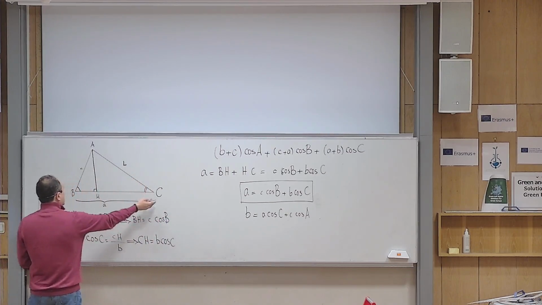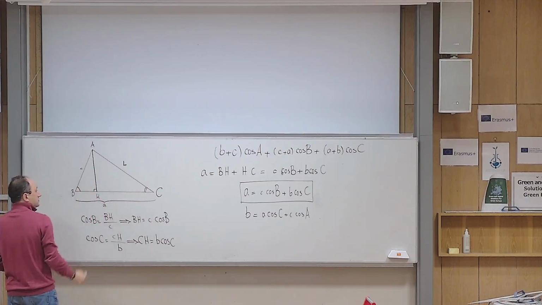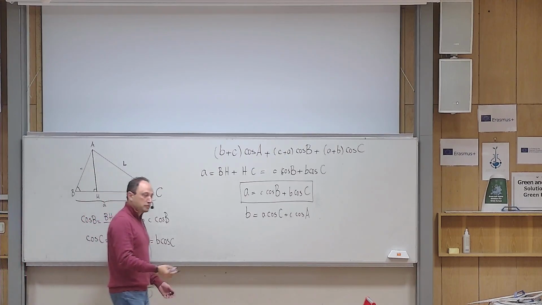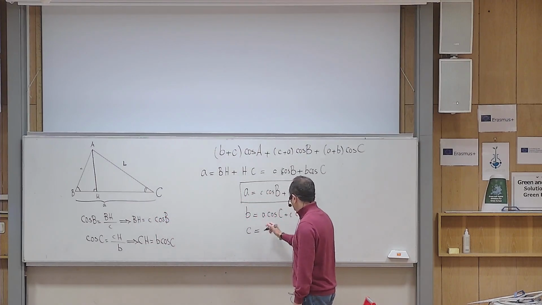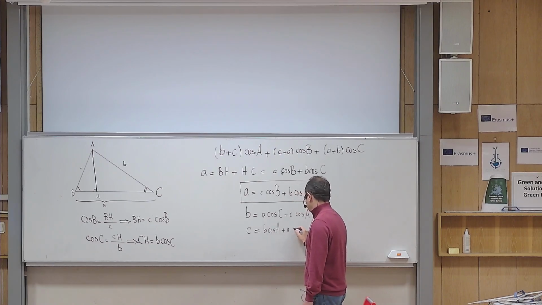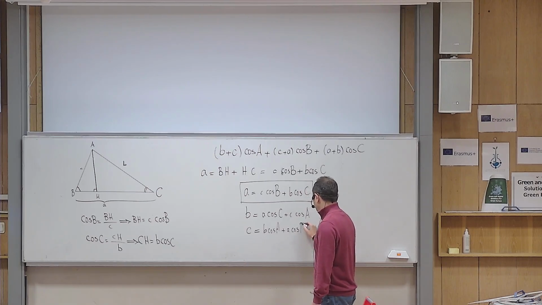By drawing this height, I will get a very similar formula for c. So c becomes b cosine A plus a cosine B.